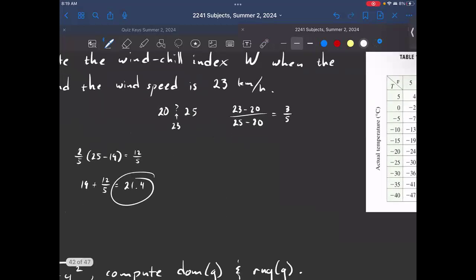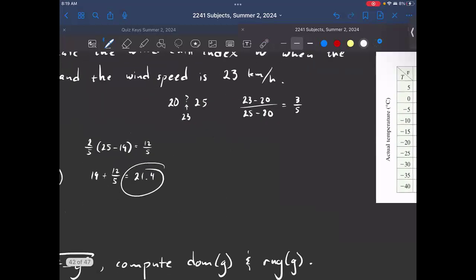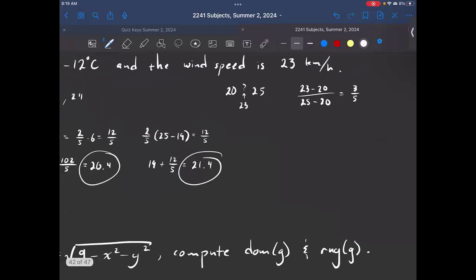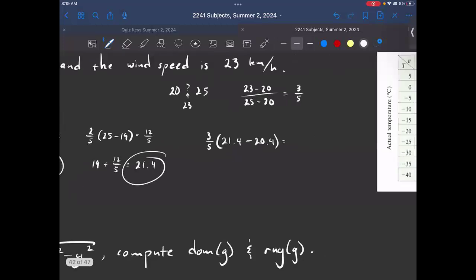Okay, so 3/5 of the way between 20 and 25. And now I want to look at 3/5 of the way between 20.4 and 21.4. So 3/5 of 21.4 minus 20.4. The 0.4 cancels out, we just get 1, and so 3/5 of that is 3/5.